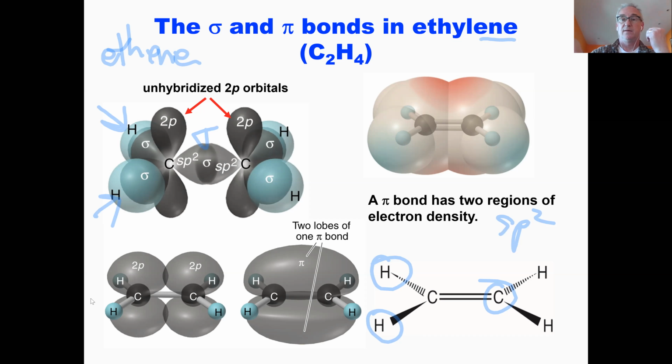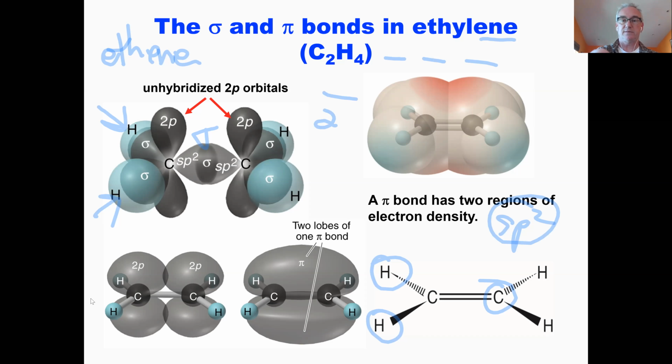Well, remember there's 4 orbitals. There's the s and there's the 3 p's. We've taken the s and 2 of the p's to make sp2. So we have 1, 2, 3.